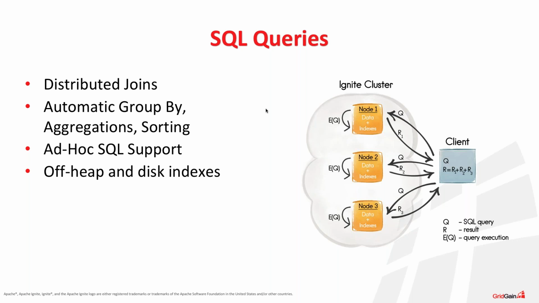All this means that Apache Ignite's SQL engine supports ad hoc SQL queries. And as we already know, all the SQL capabilities are based on the virtual memory. The data is stored in the form of pages in a heap region or on disk, if you enable the latter.